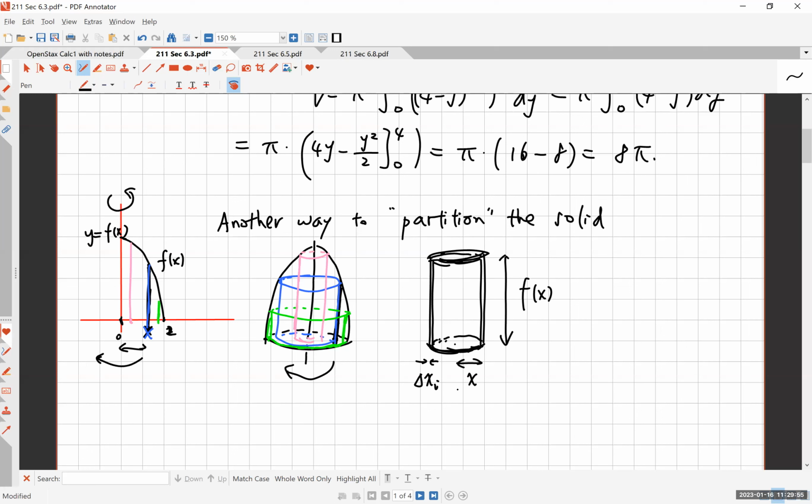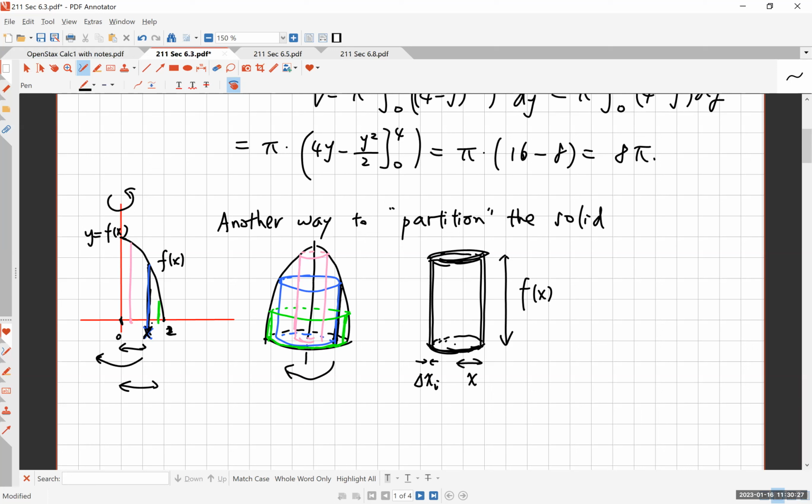Okay, now if we can find the volume of this thin cylindrical shell, and then you can integrate from 0 to 2, then we will get the entire solid covered. So this is quite a different way than the disk method, but we can do it this way. We can find the volume of this entire solid by adding up the volumes of a bunch of these shells, each corresponding to one particular x value between 0 and 2.